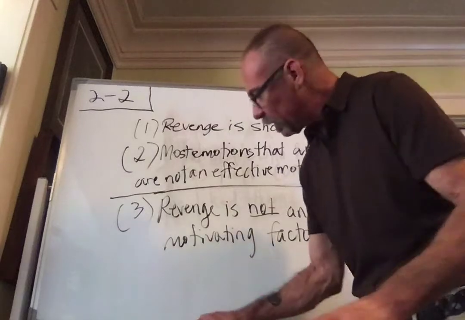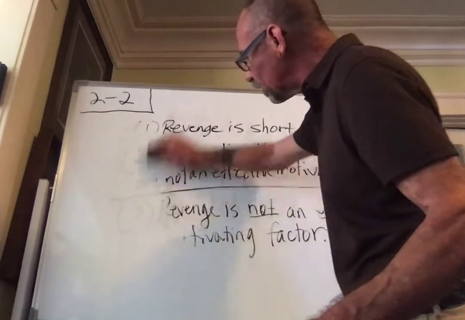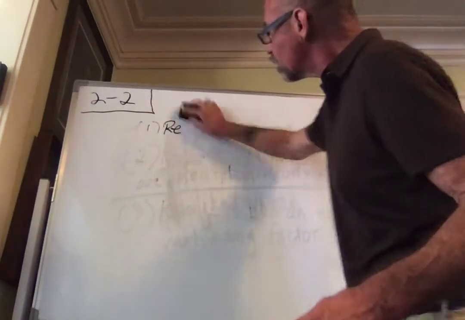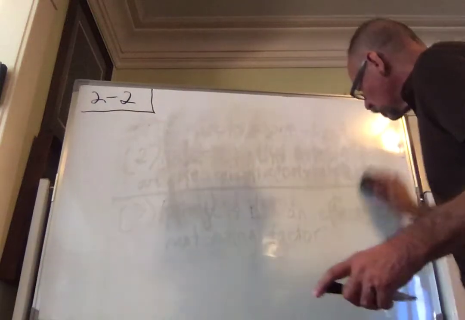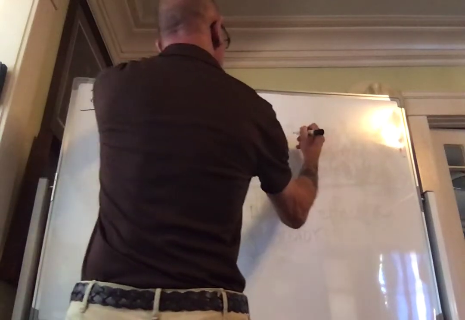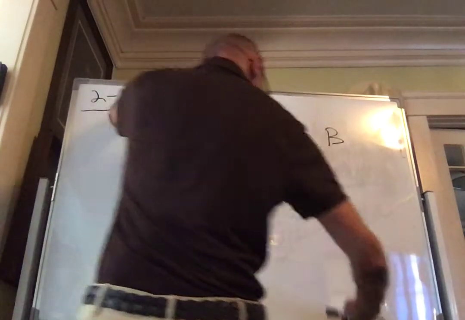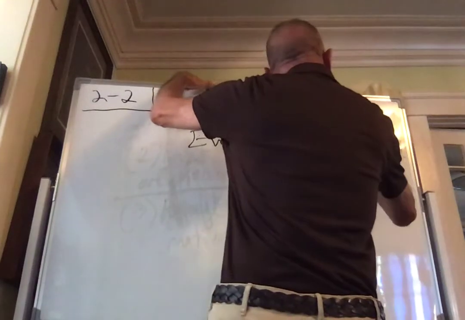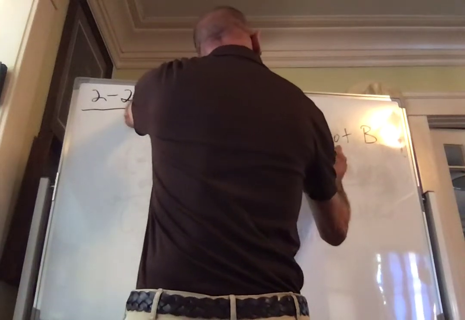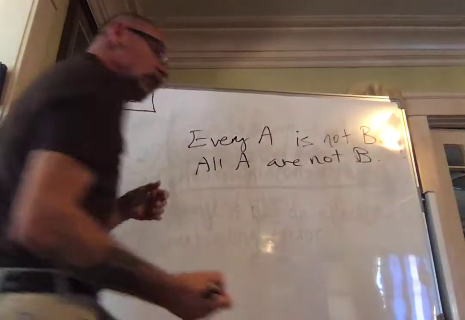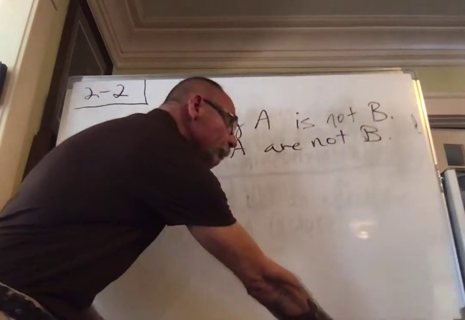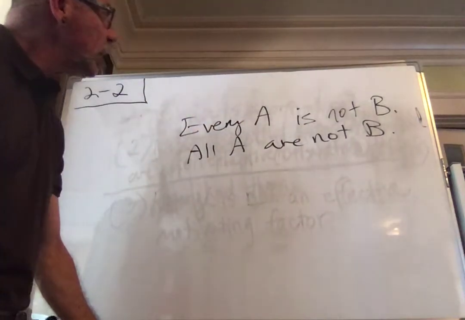Let me warn you about something here, a particular kind of construction not to use. Sometimes you'll see English sentences with a structure like "Every A is not B," or "All A are not B."